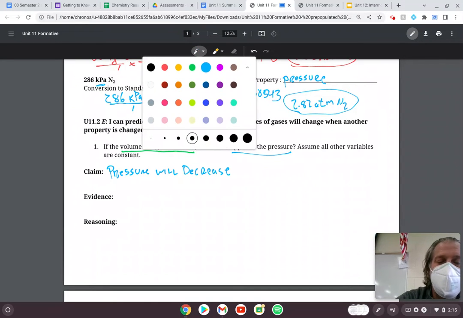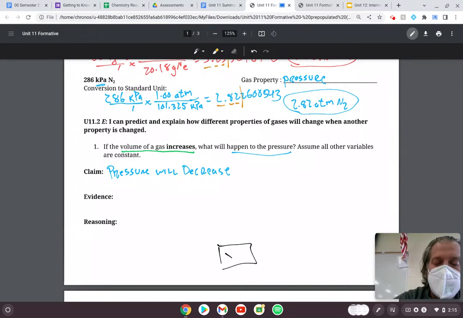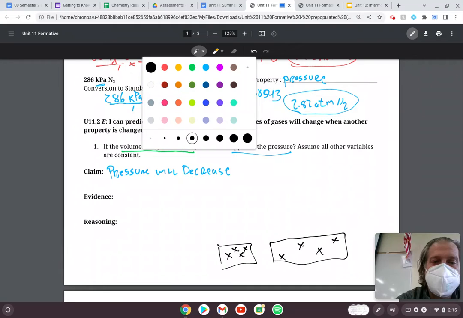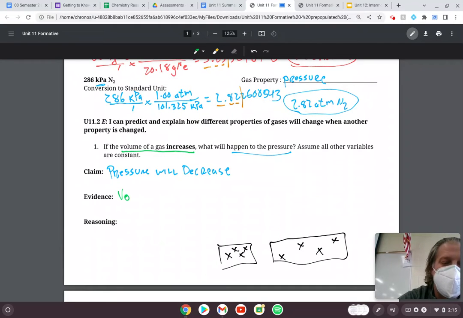I'm going to try to show you if I drew a box here. If I have like four particles in this box, and then I double the box in size, and the particles spread out, that means they are going to have less opportunity to collide with each other. So here, for our evidence, the volume increases.